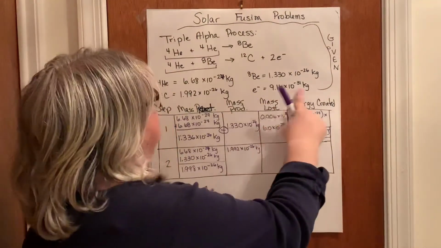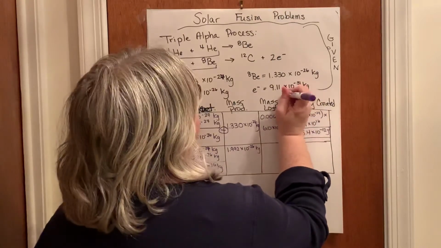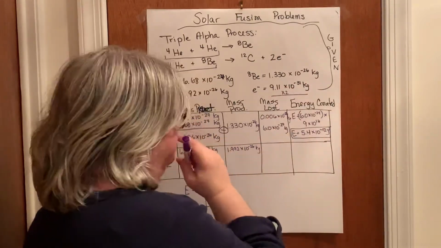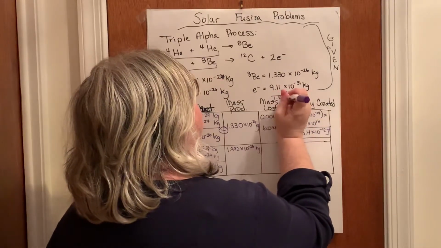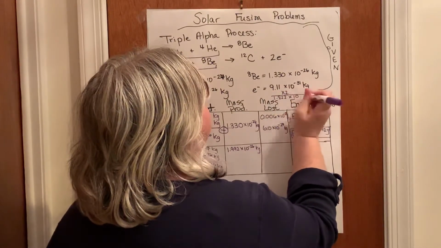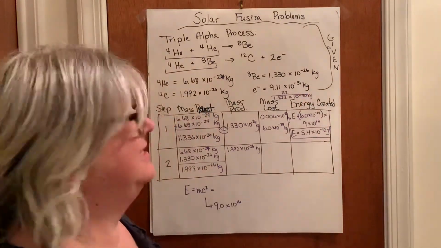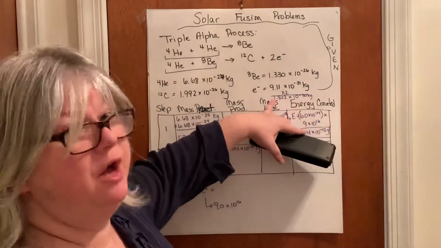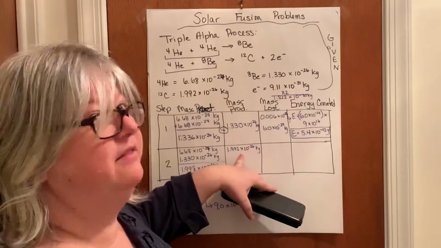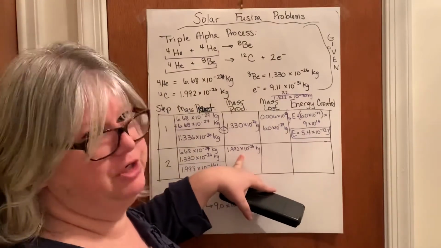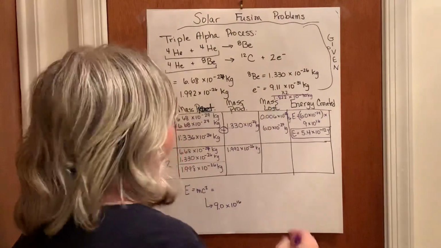So I'm going to multiply this value times 2, and that's going to give me 1.822 times 10 to the negative 30th. Now, to be quite honest, that number is so low compared to this one, I don't really need to add them together. But I'm going to do it just so you see that I do have to have my products.